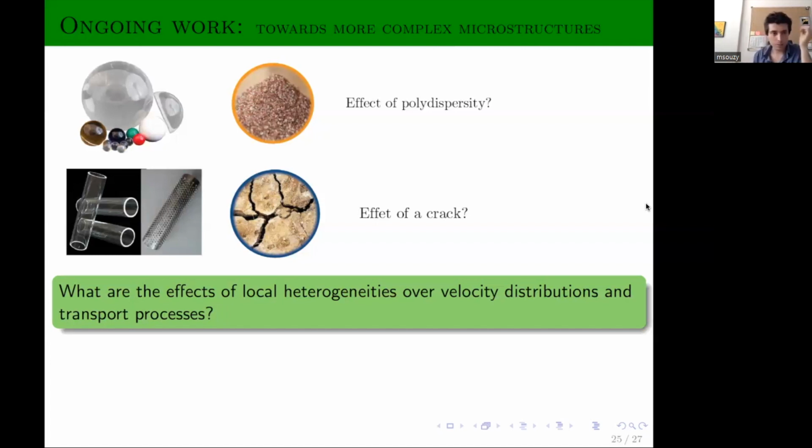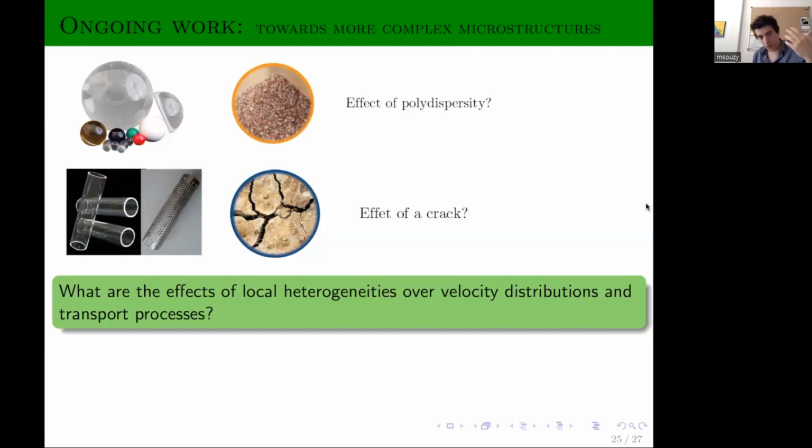Experimentally, by putting a tube which mimics a crack within the bulk of a porous media, how will this affect these processes? Typically you can think that if you have such a tube, a channel within the bulk of the media, will it promote the fact that some of the injected dye would travel through these kinds of highways in the bulk of the media and therefore alter dramatically the dispersion process?